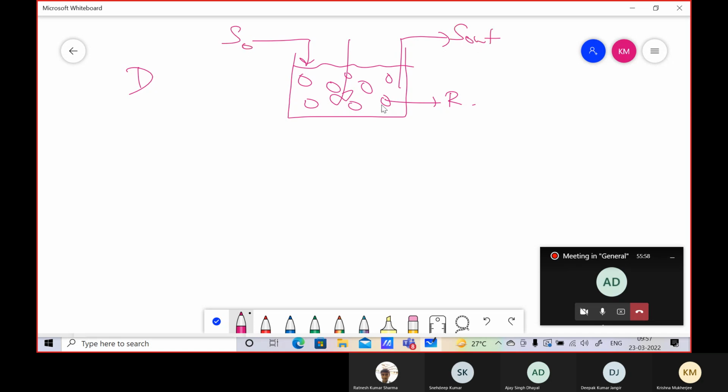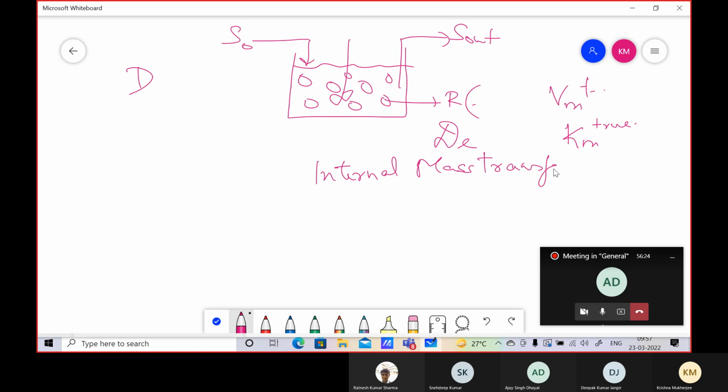And from there, if you know the radius of the beads and you know the Vmax true and the Km true, can you then find out the diffusivity, the internal mass transfer component, just like we did it for external mass transfer?